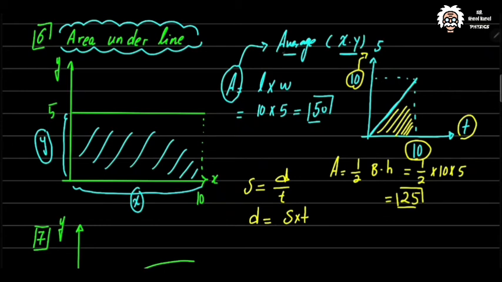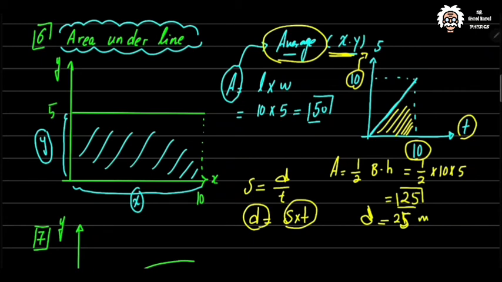And we said that the area under the line gives us the average of x times y, and here x times y represents the distance. So we can say that the area under this graph, which is 25, gives us this distance that is covered by the object. So here we can conclude that the distance is equal to 25 meters, for example, if the unit here is meter per second and the time here has a second unit.